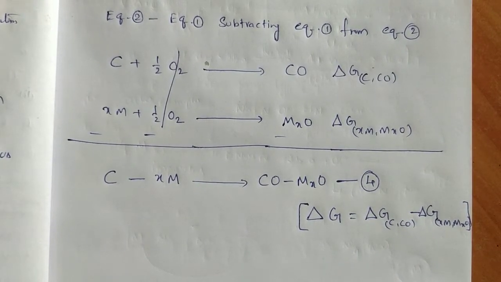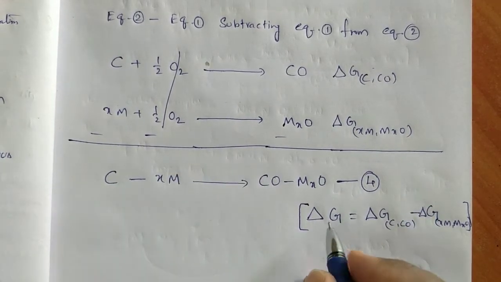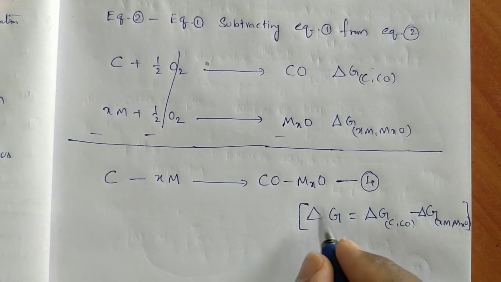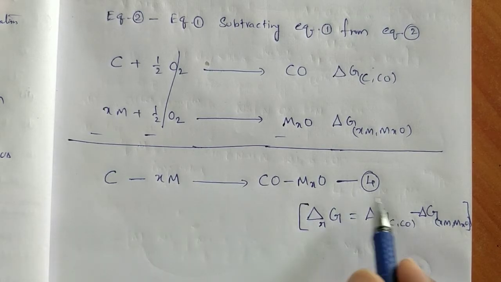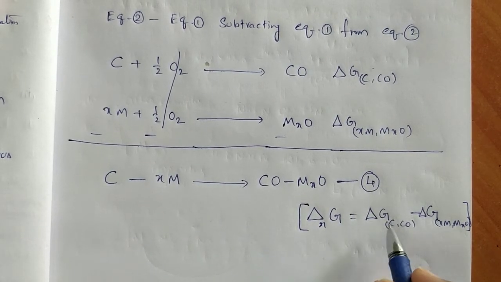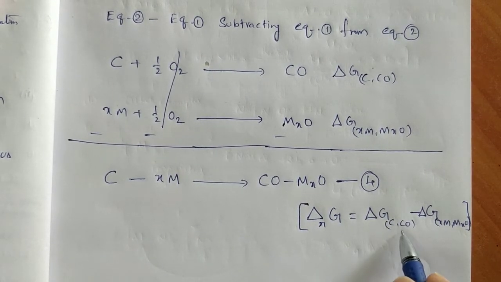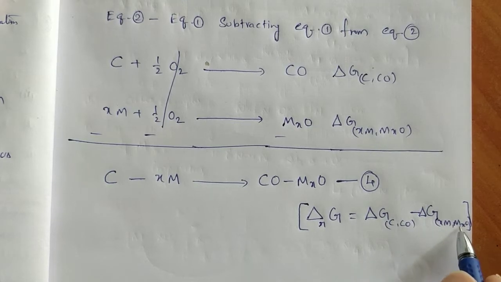Are you okay? For this reaction, delta RG, the change in Gibbs free energy for this reaction 4, is equal to delta G of C comma CO minus delta G of XM comma MXO.